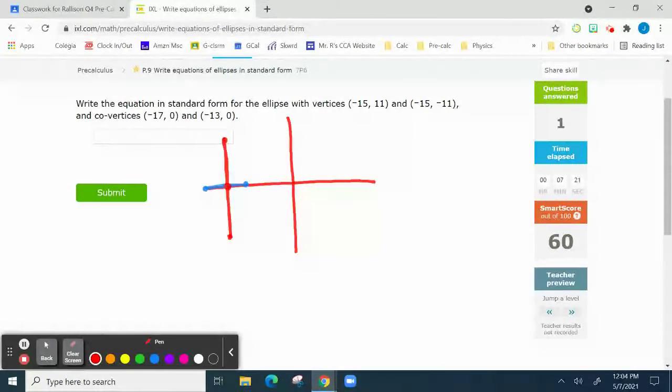So the center, oops, let's get a different color for that. So the center is going to be what? Well, this is negative 15, 11. That's negative 15, negative 11. So the center is going to be negative 15.